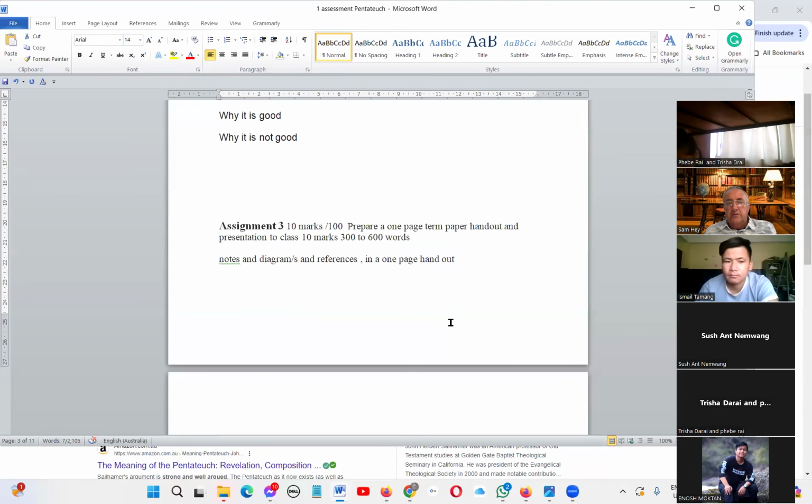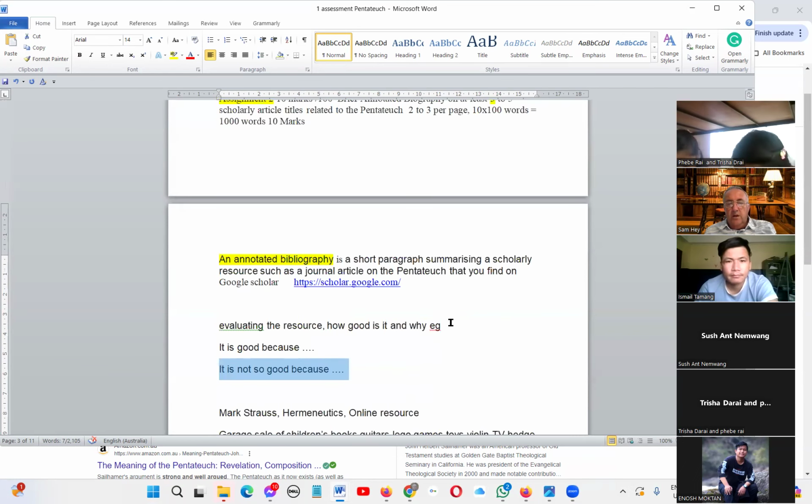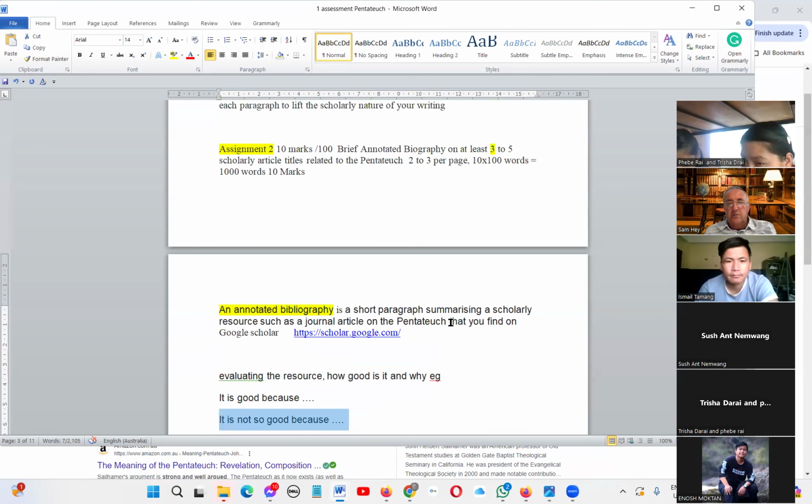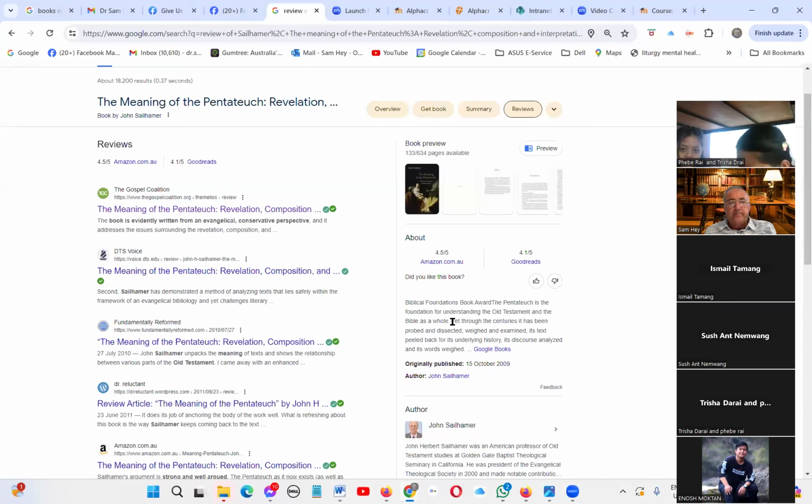So that is assignment 2: why the resource is good, why the resource is not so good, and how you would evaluate it. Let's, for example, take some resources on the Pentateuch.